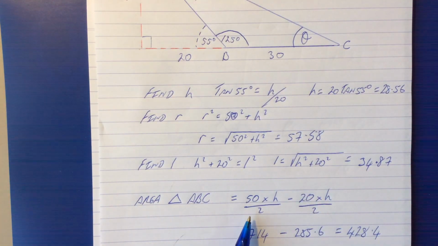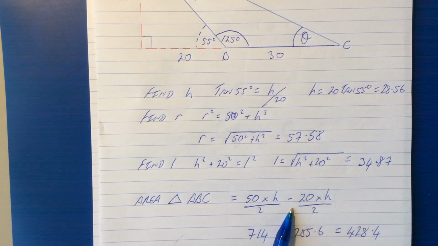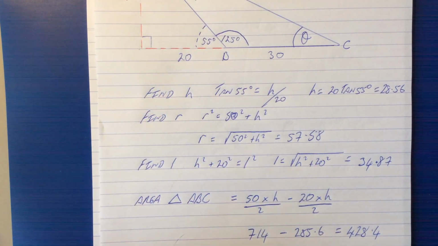So area of ABC is equal to 50 times h, so this times the height, minus 20 times the height. Both of these are divided by 2. I should say that. So this divided by 2 is equal to that. That is units squared.